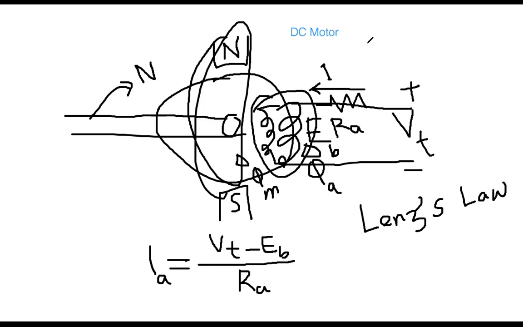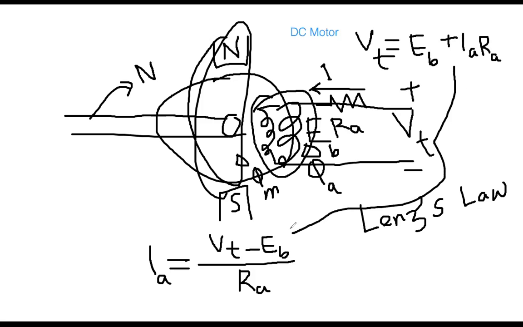In other words, VT, my main applied voltage, equals the back voltage we generated, plus IA times RA. From there I write this equation: IA is (VT minus EB) over RA.